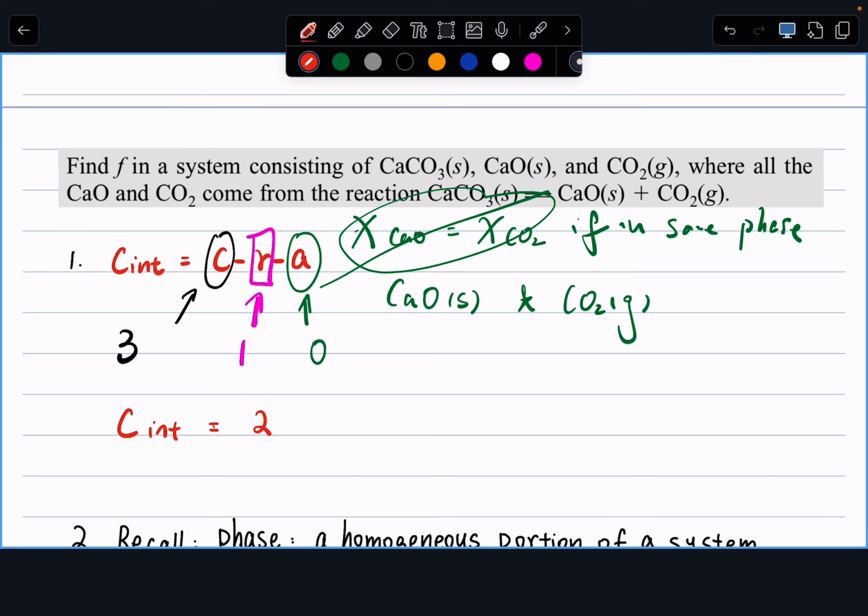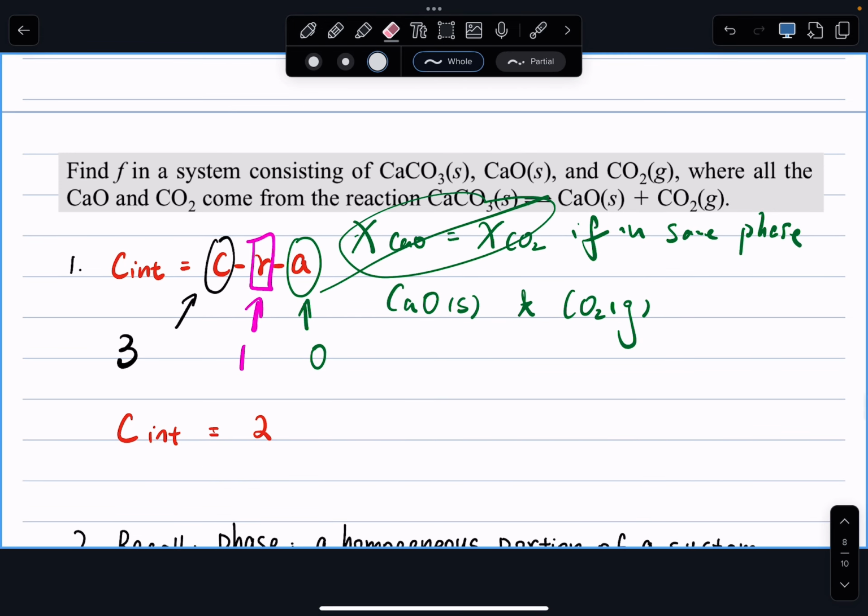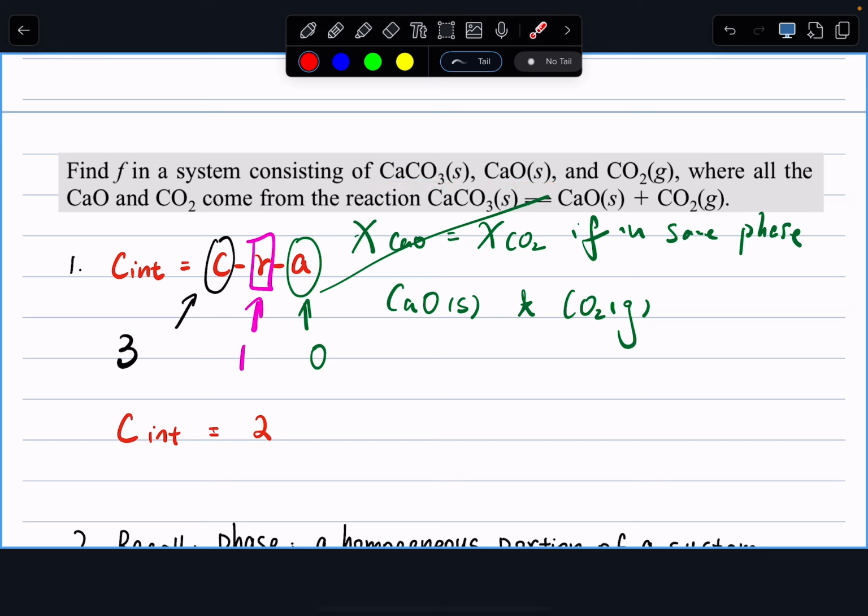Next, we have the C independent, and we need to find the number of phases. Here's a quick reminder: a phase is a homogeneous portion of a system. A system can contain multiple solid phases, several liquid phases, and only one gas phase. In our example here, we are looking at 2 solid phases and 1 gas phase, so in total P equals 3.